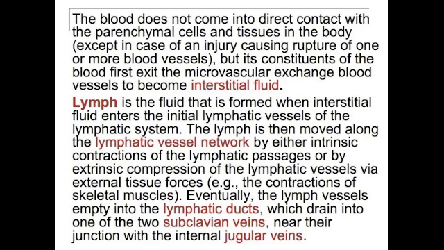The lymph is then moved along the lymphatic vessel network by either intrinsic contractions of the lymphatic passages or by extrinsic compression of the lymphatic vessels via external tissue forces. An example of this would be the contraction of skeletal muscles. Eventually, the lymph vessels empty into the lymphatic ducts, which drain into one of the two subclavian veins near their junction with the internal jugular veins.